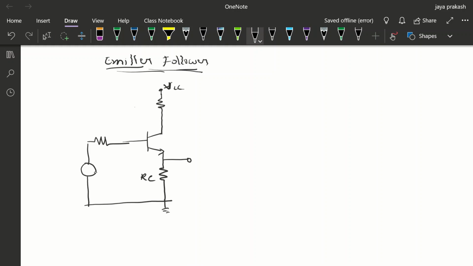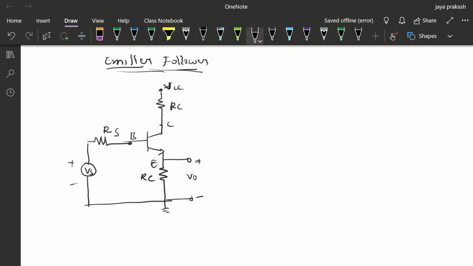And this is RE, RC, and this is the source resistance RS, and this is the input voltage Vs, and this is base, emitter and collector, and the voltage across the emitter is taken as V0.